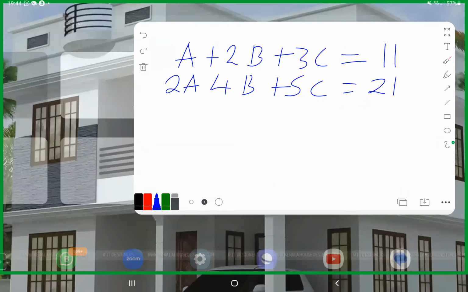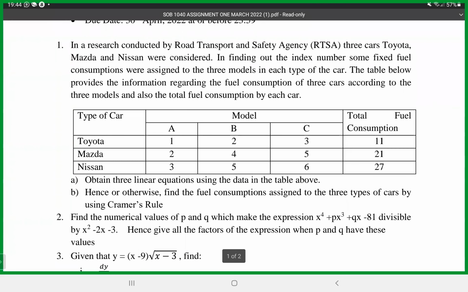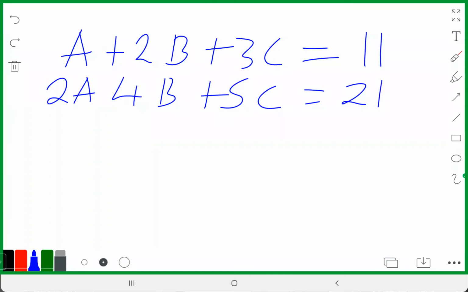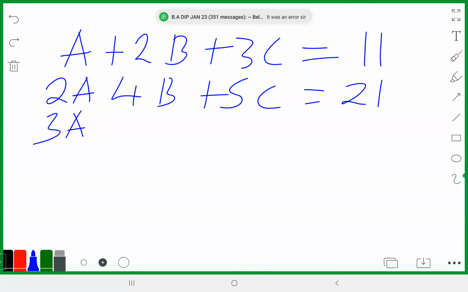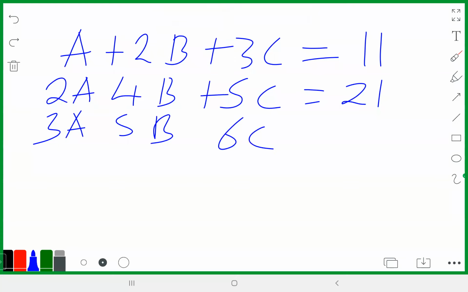That is the second equation. Then the last one will be 3, 5, 6, 27: 3A plus 5B plus 6C equal to 27. There are pluses here. This is a system of equations.